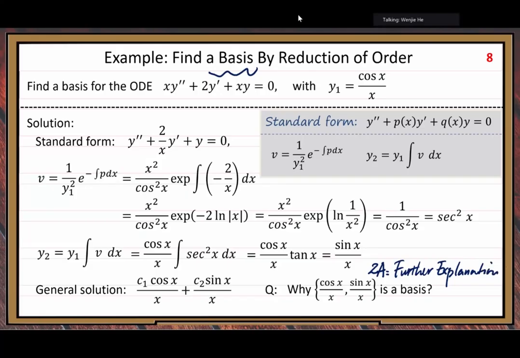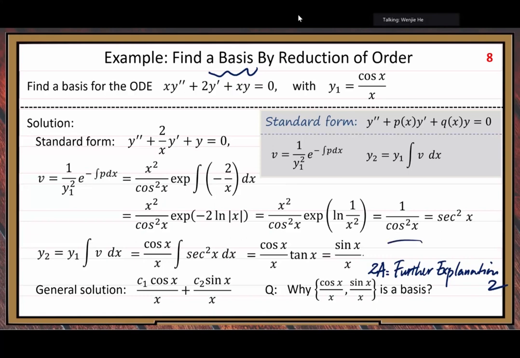Number 2. We need to calculate a determinant, the Wronskian determinant, to check if they are linearly independent and form a basis. I remember I talked about that.